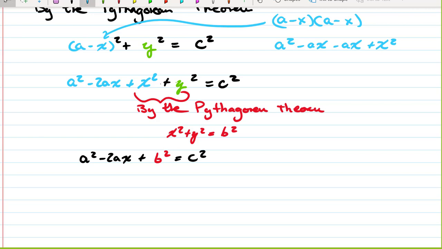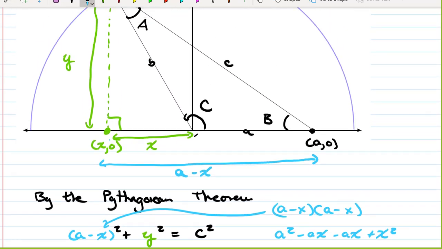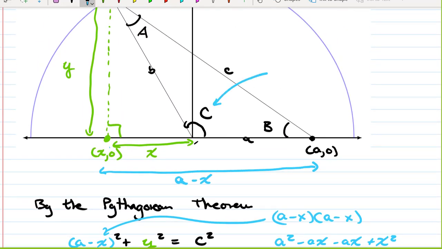So the cosine of C is equal to our adjacent, which is x, over the hypotenuse of our reference triangle, which is b.